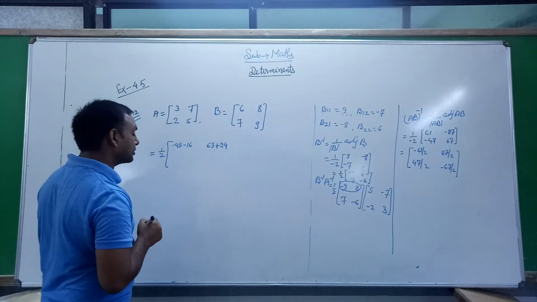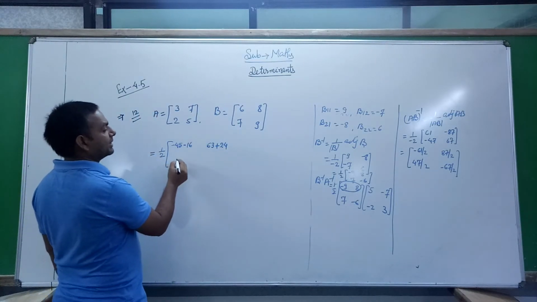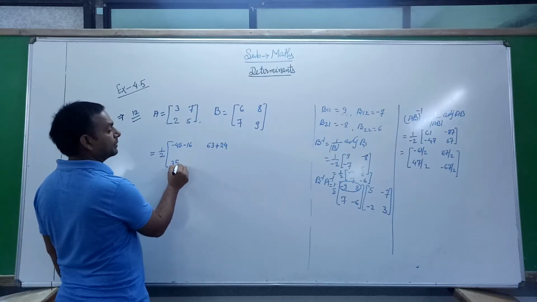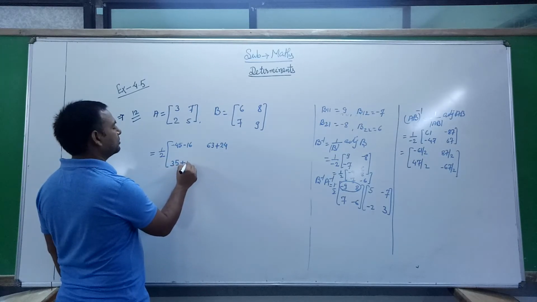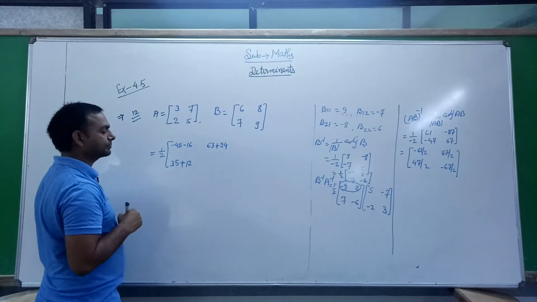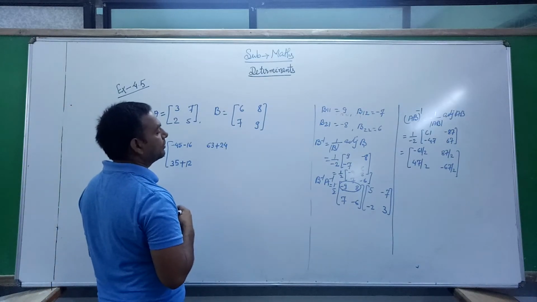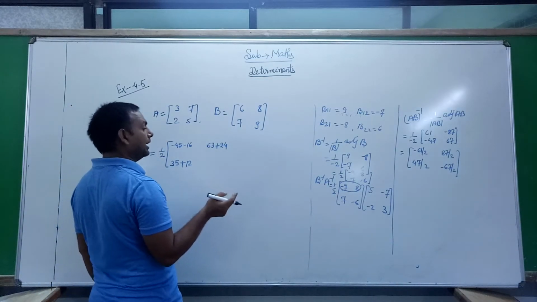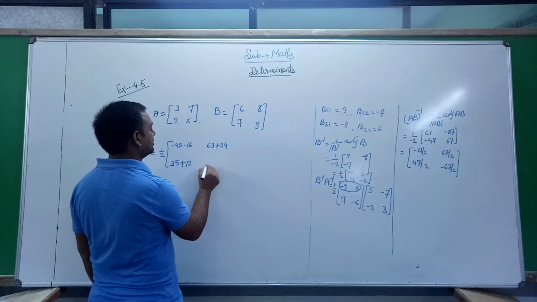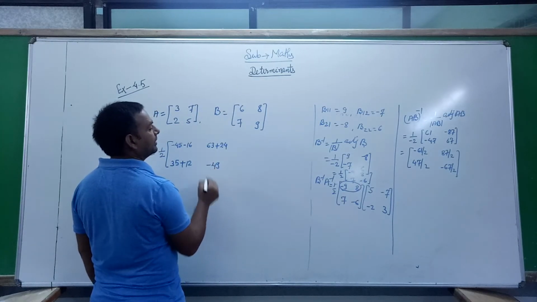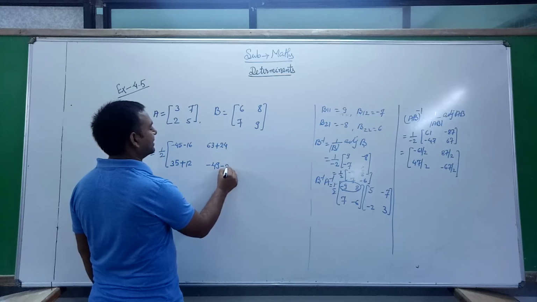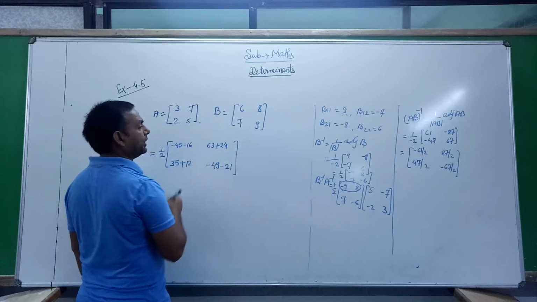Then you take the second row. Then 7 5s are 35. 6 2s are 12, plus 12. Then for the second row and second column, 7 7s are -49 and -6 3s are 21. Okay.